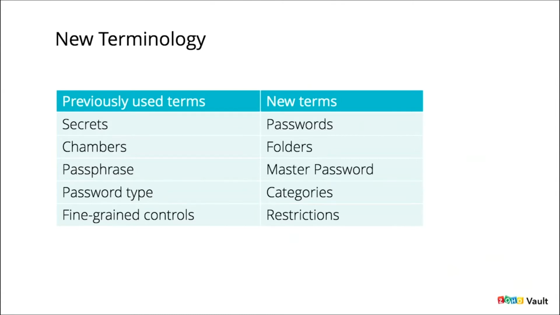So the idea was to simplify the user experience on all fronts, starting with the common terms that were used in the product. We've been receiving good feedback from the beta users as well on the new terms, and I also hope you would love to have these terms changed. And I would really be excited to hear back from you at the end of the session about this.